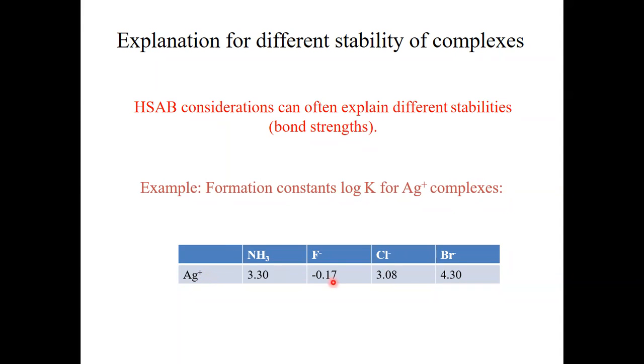Okay, so fluoride is the hardest of our ligands. Therefore, we would expect the lowest constant of formation. And that's also what is being experimentally observed. And well, NH3 and Cl minus are approximately in the middle and have approximately the same stability constant because of their similar hardness.